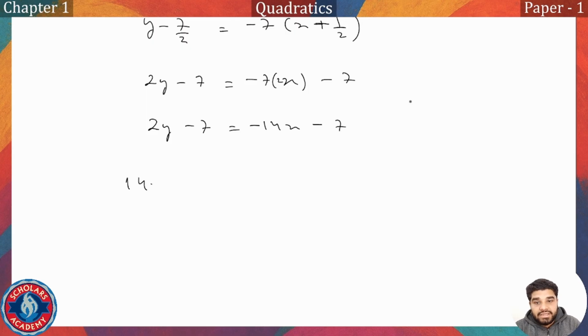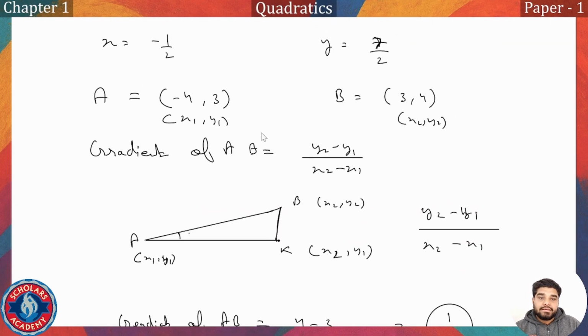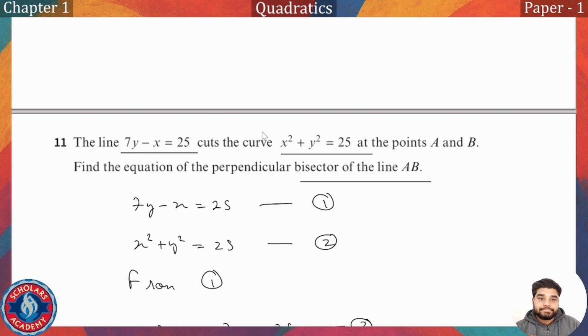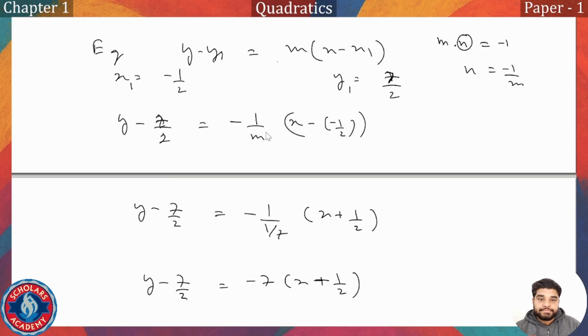We get 14x plus 2y is equal to 0. 7x plus y is equal to 0. So this is our equation of the line which is perpendicular to line AB. I hope it is clear. Alright, let's continue.